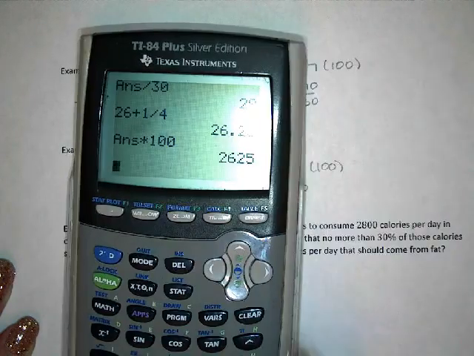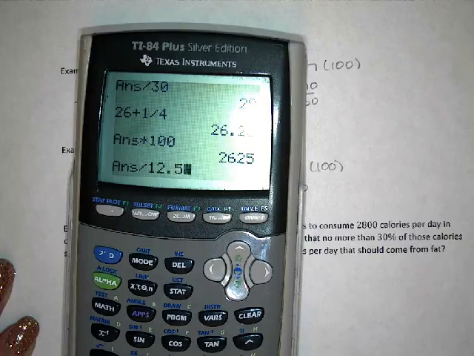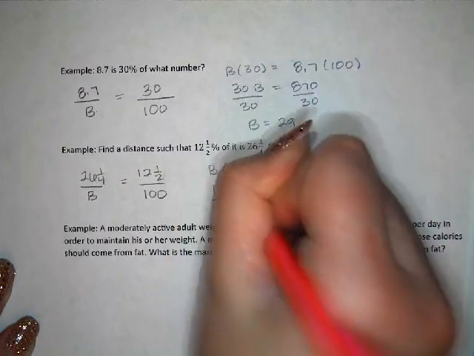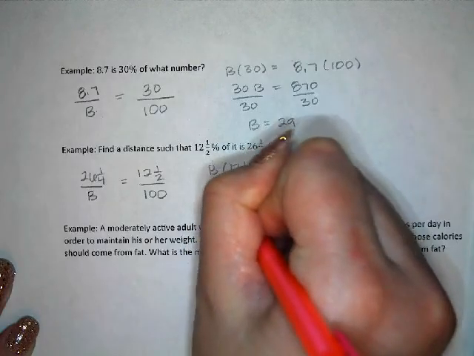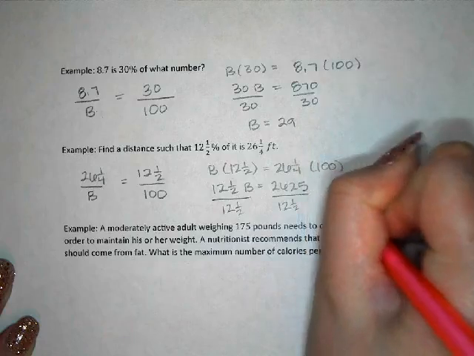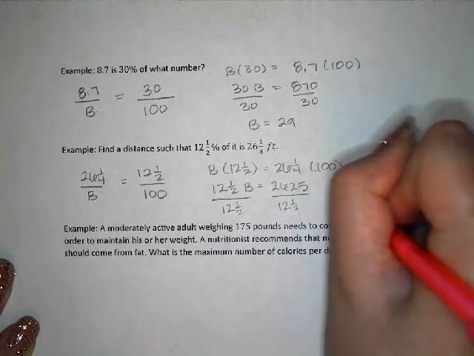I'm going to divide that by 12.5 to get 10. And it was feet.